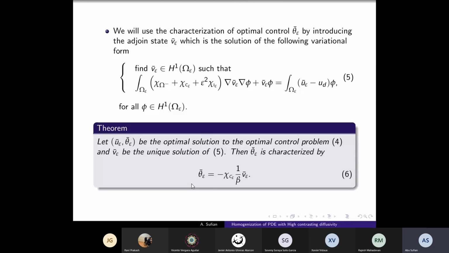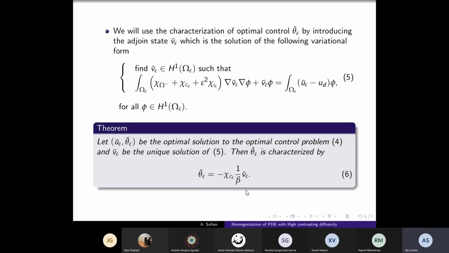Basically it is the restriction of V epsilon bar on the conductive part, and on the conductive part V epsilon bar has a uniform H1 bound, and that makes our analysis for the conductive region a little bit easier. Because we have H1 bounds, we can have all sorts of convergence of theta epsilon bar.